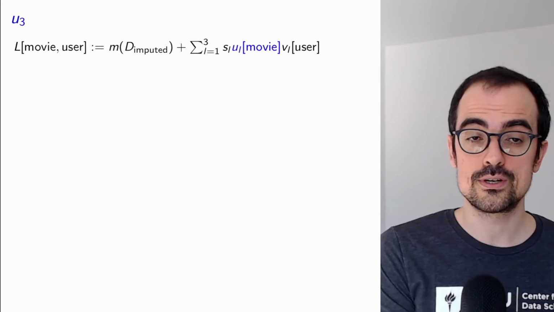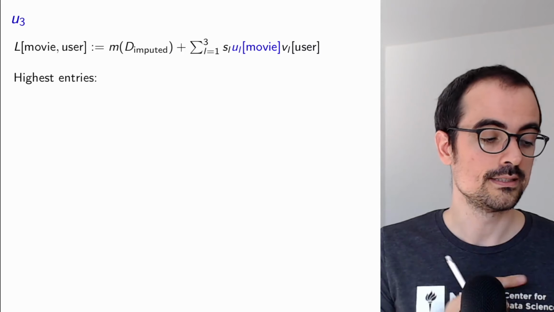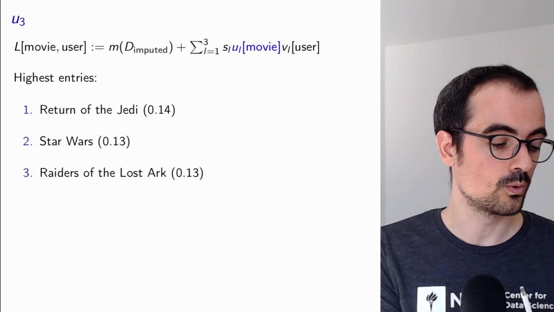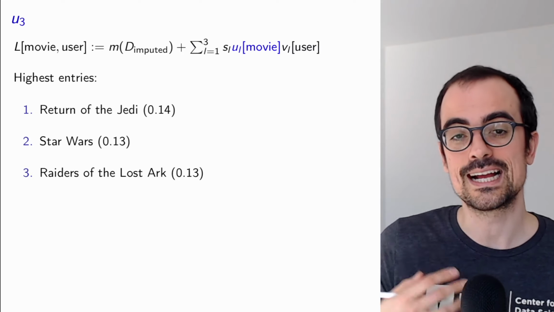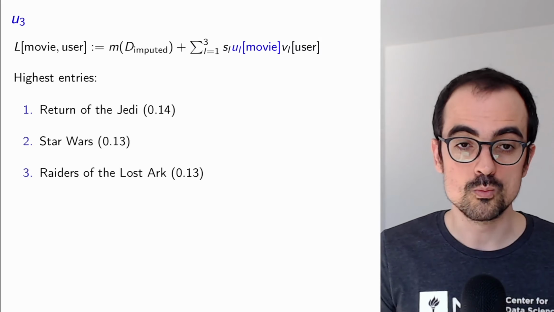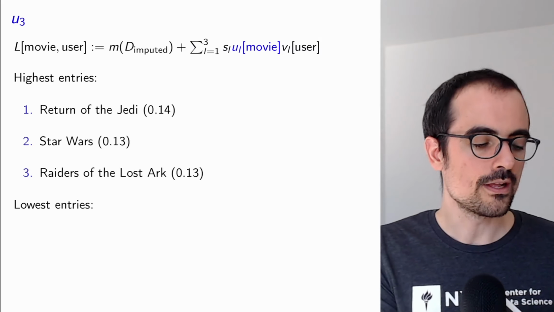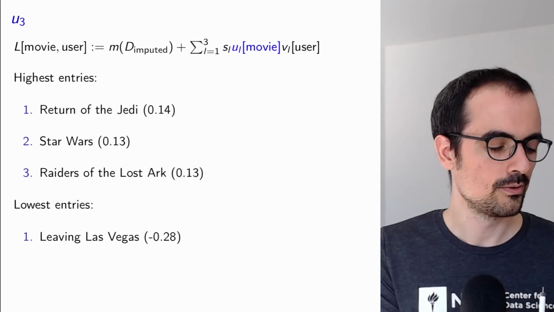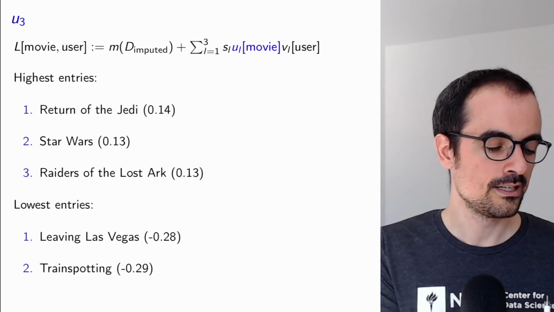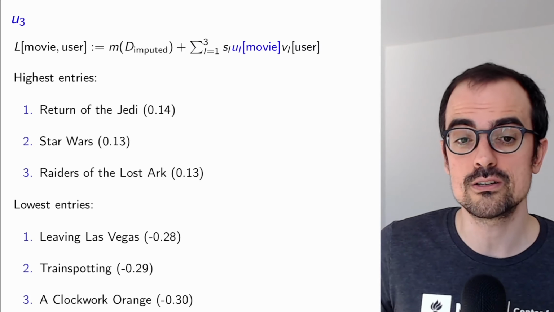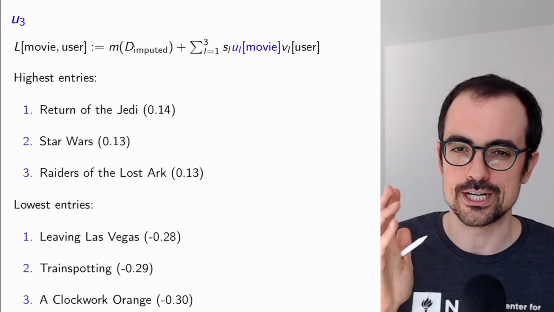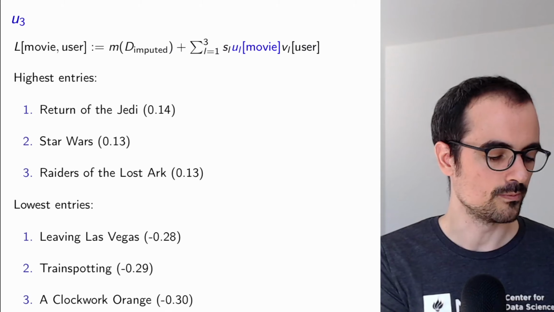And finally, the third factor, let's take a look at the highest entries. The highest entries are Return of the Jedi, Star Wars, and Raiders of the Lost Ark. Again, highly commercial movies. Now, the lowest entries, however, are not horrible movies like in the previous case. They're Leaving Las Vegas, Trainspotting, and A Clockwork Orange, which are all cult movies that are much edgier and darker than commercial movies like this.